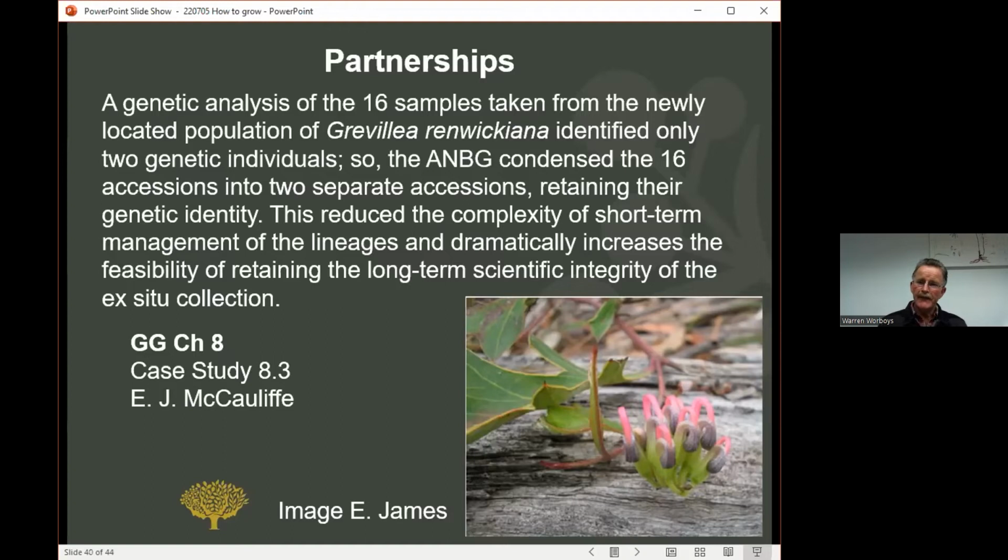From his plants on his site and nearby, 16 samples were taken from different plants, and the genetic research that was done identified that there are only 2 separate genotypes there. So it was possible to de-accession quite a few of those plants and take it down to 2 accessions.